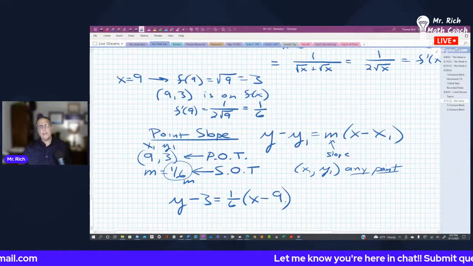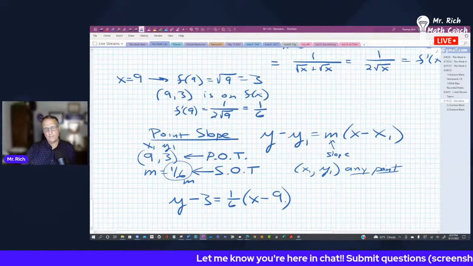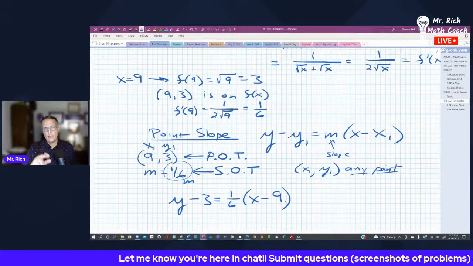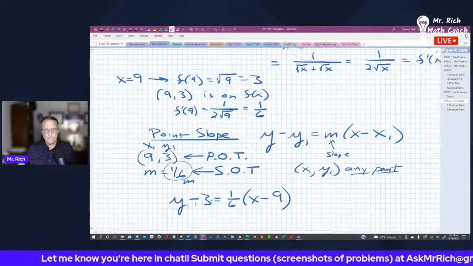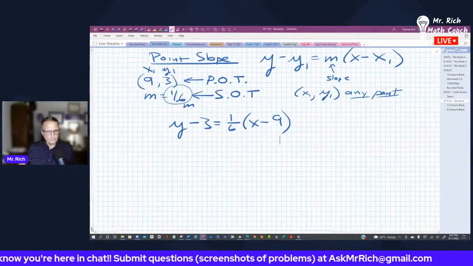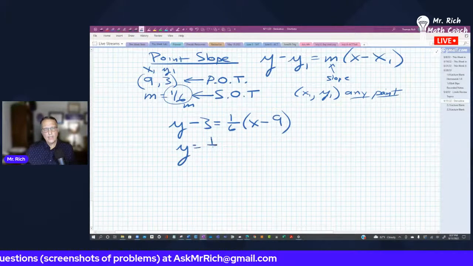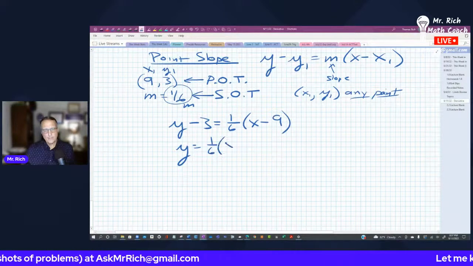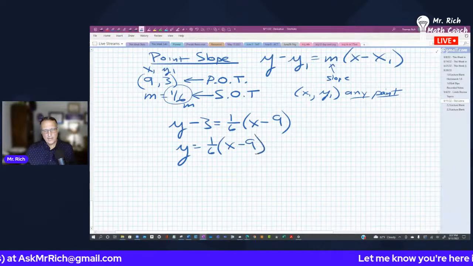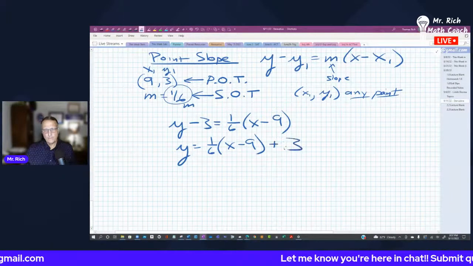I'm not even going to bother to put it in slope intercept. Now, I am going to move that minus 3 to the other side and leave y on the left side. So I'm going to write this as 1/6 times x minus 9 plus 3.